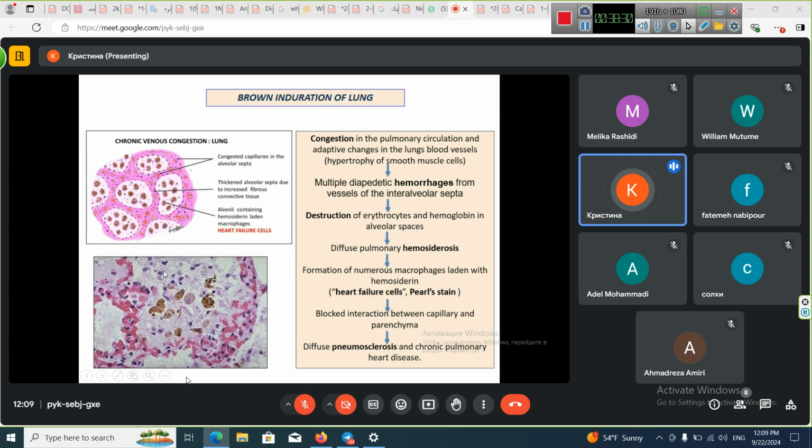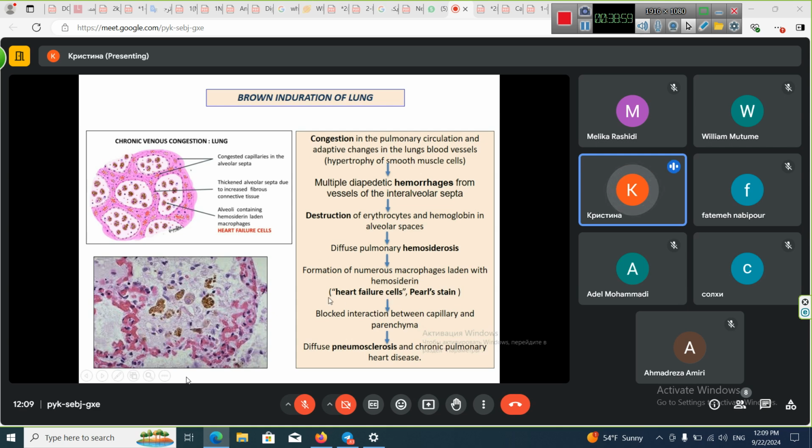But also you see some cells in the alveolar space. It means that here the cells of loose fibrous connective tissue also go, and they also can make connective tissue here. Blocked interaction between capillary and parenchyma. It means that there cannot be any gas exchange now.